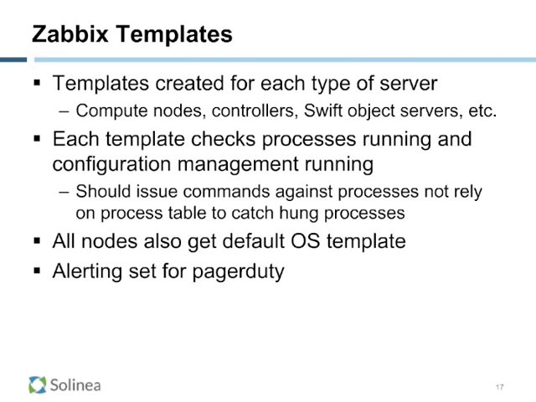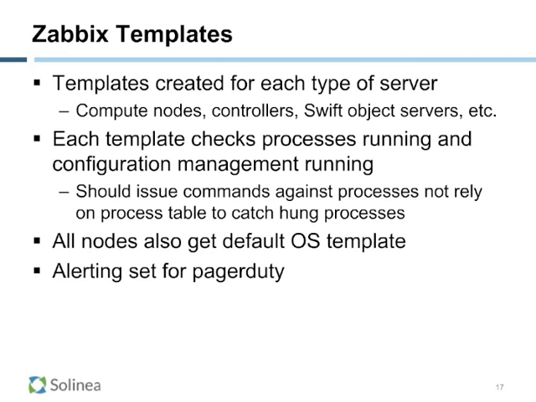We also make sure that we're not just checking the process table to see that the process is running, but we're actually making sure it's running by running some command against it. So we issue commands against the processes to make sure that we don't have just a hung process. One of the things that we found is, some of the OpenStack processes, as well as some of the queue processes, can hang up under high load.